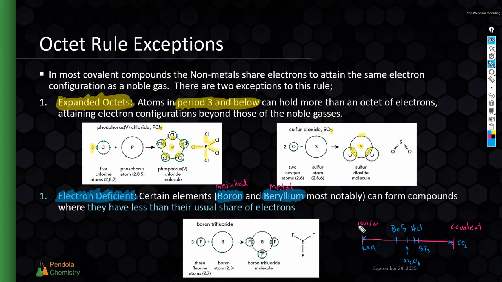So we need to start deconstructing the simplified version of chemistry we learned in honors chemistry and start to realize that bonding is not so black and white. It's not just covalent or ionic.